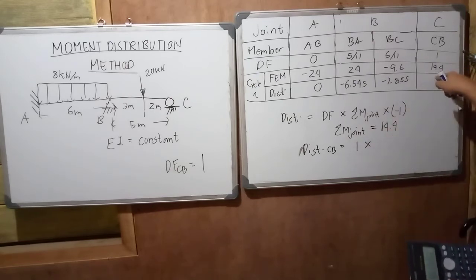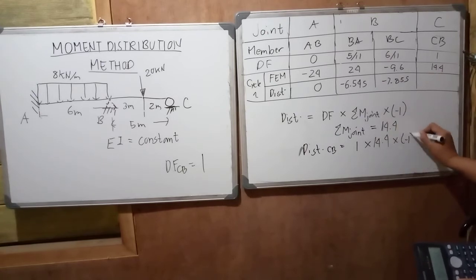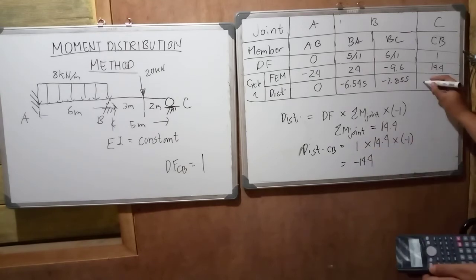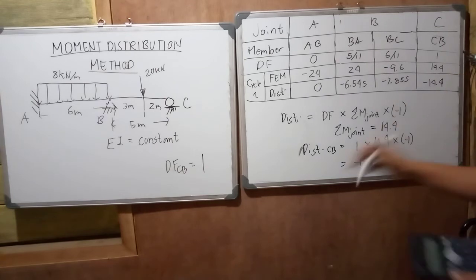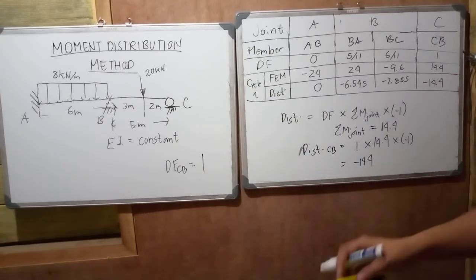Isa lang yung moment niya, 14.4 times -1. So, this is -14.4. Oh. May pagkakaiba siya doon sa naunang sample natin. Yan. Then again, anong gagawin natin? Meron na tayong cycle 2.